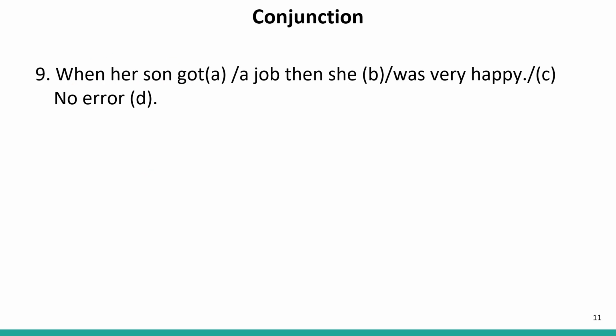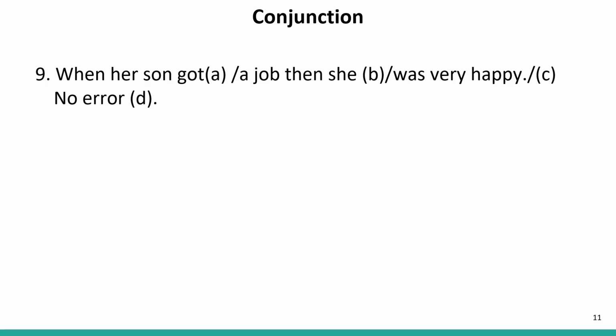When her son got a job, then she was very happy. Now, we cannot make unnecessary pairs. We know which pairs can be used, and those are predefined. In this sentence, we can see an unnecessary pair has been made, that is when and then.